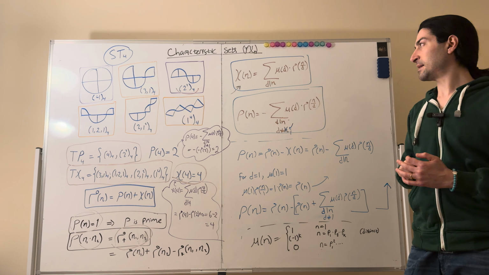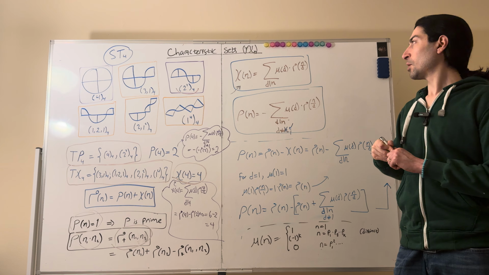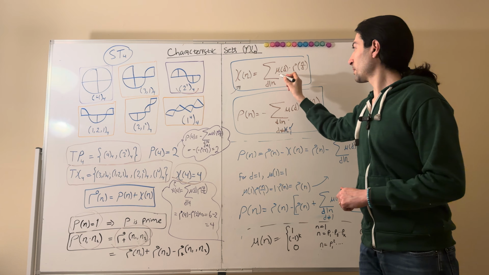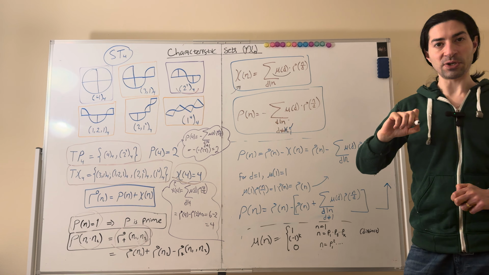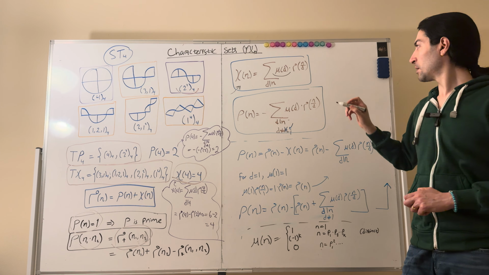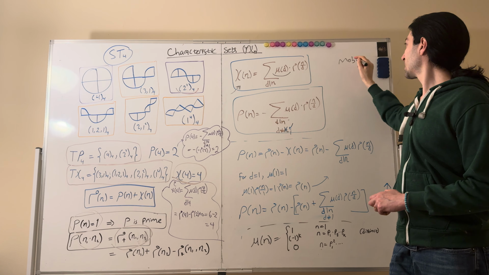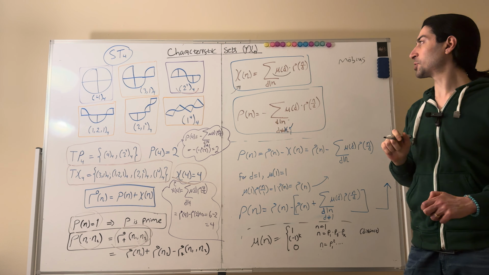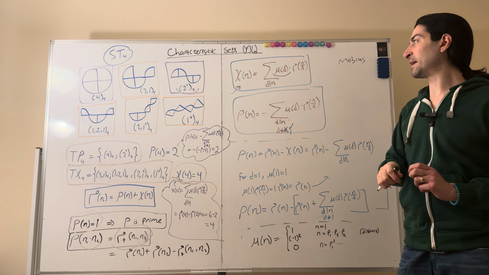We will say it is equal to the sum of the Möbius function of d times meem of n over d.